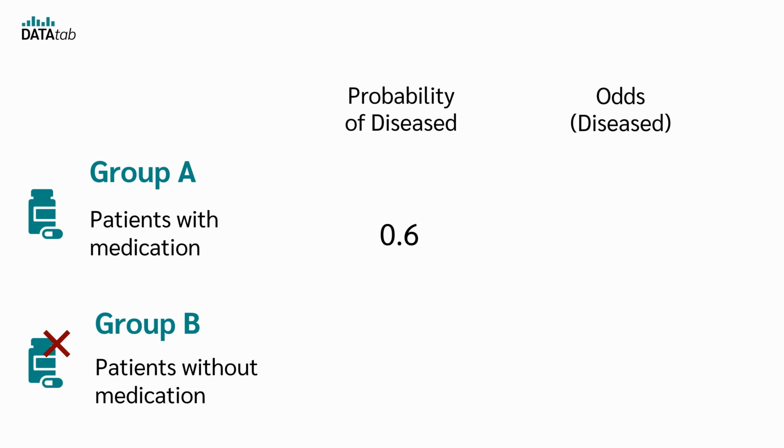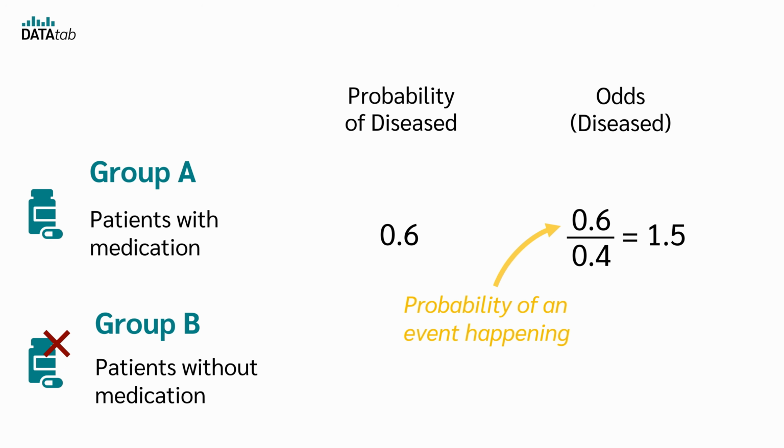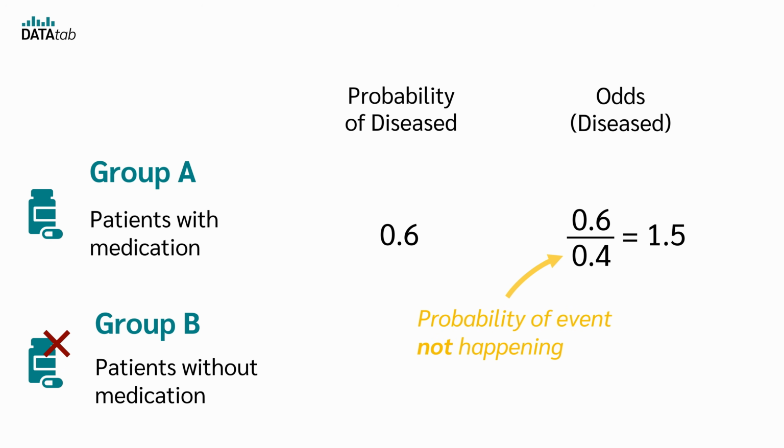So the odds of getting diseased is 0.6 divided by 0.4, which is 1.5. Again, odds just represent the ratio of the probability of an event happening to the probability of it not happening. In our case, in group A, the likelihood of being diseased is 1.5 times higher than the likelihood of not being diseased.